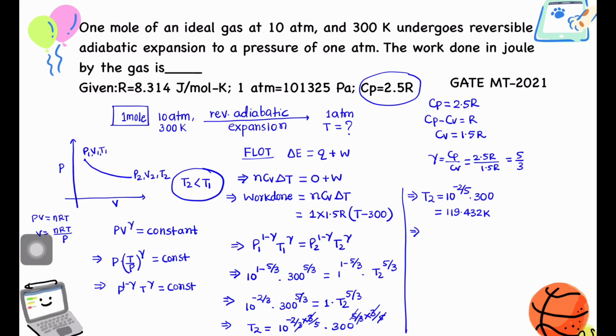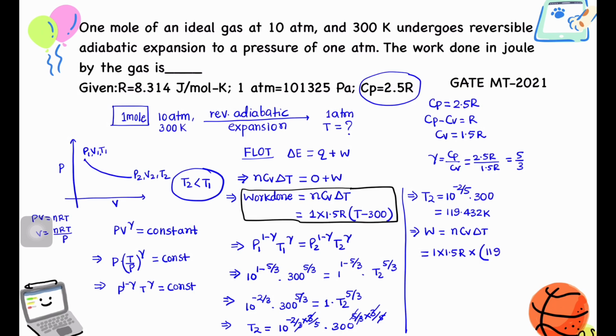So I will use this expression. Work done will be simply equal to nCv delta T, because Q is 0 in the adiabatic process. So work done is nCv delta T, where n is 1, Cv is 1.5 R, and delta T is the final temperature 119.432 minus 300. Okay.